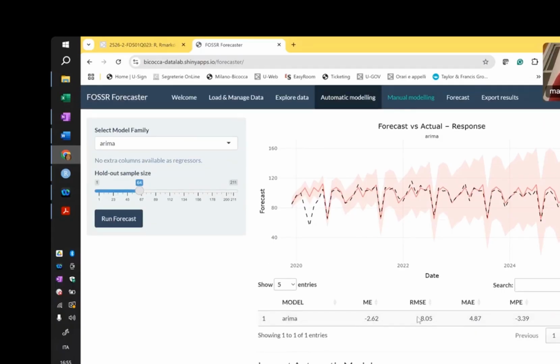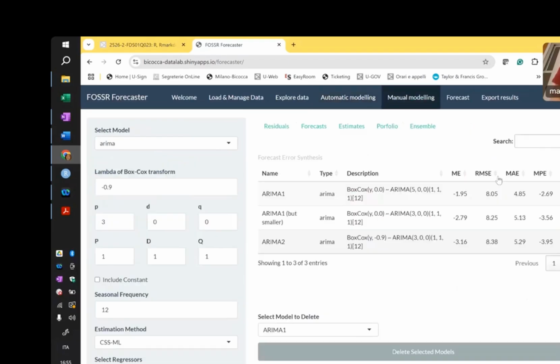For example, the root mean square error is 8.05, and ours is actually exactly the same. We're slightly better if you look at the mean absolute percentage error, but they're kind of equivalent. It's strange that they are so equivalent, because the fact that there is a second difference here should make the model rather different.